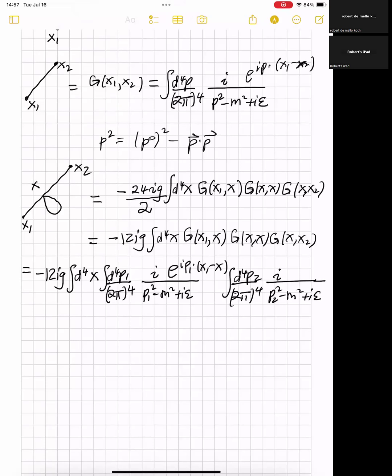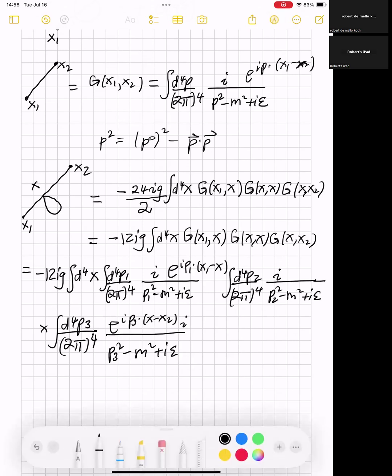And then we've got the g of x2 comma x, so times an integral d4p3 over 2 pi to the 4, e to the i p3 dot x minus x2, over, there should be an i, p3 squared minus m squared plus i epsilon.